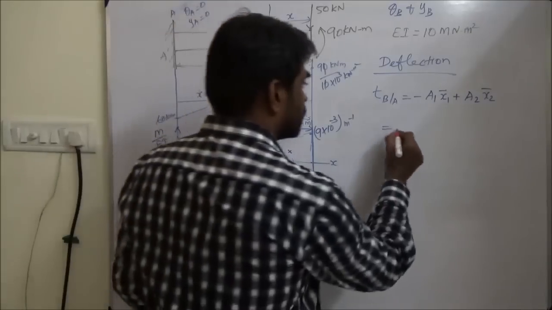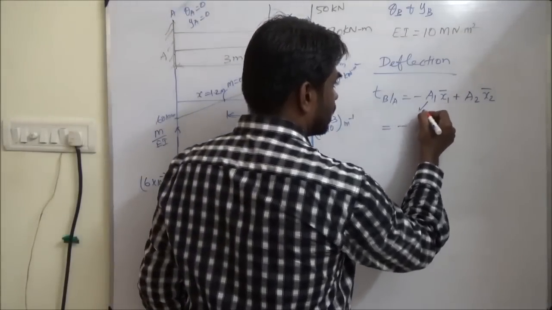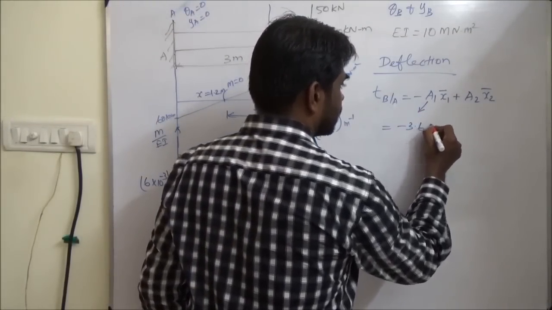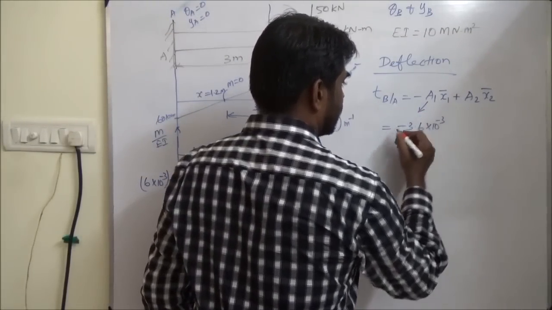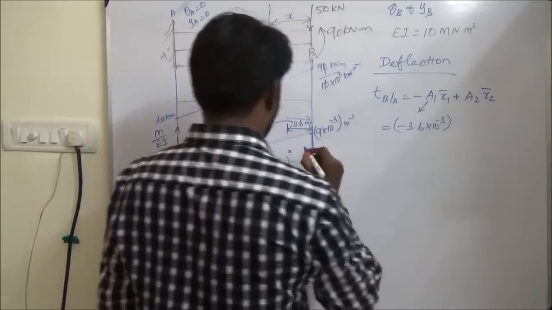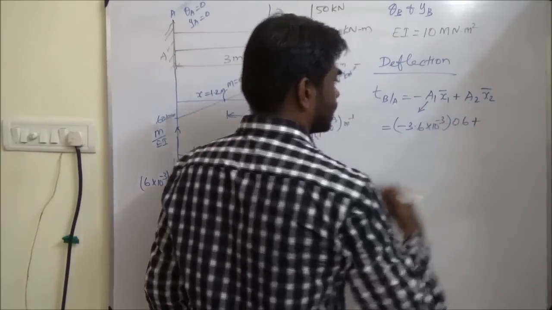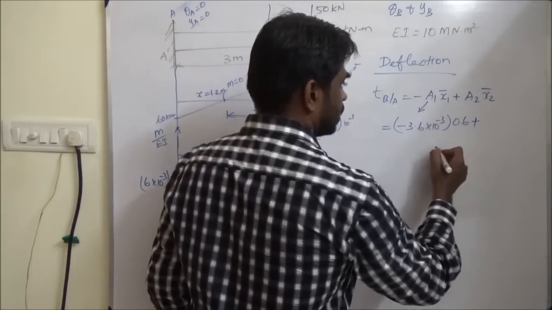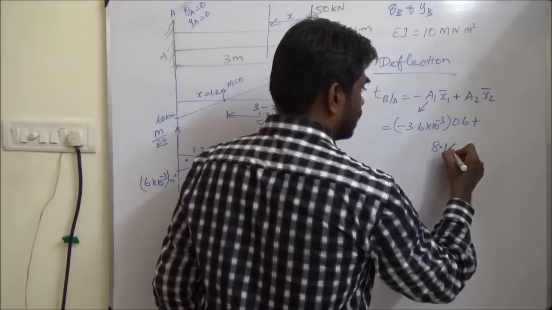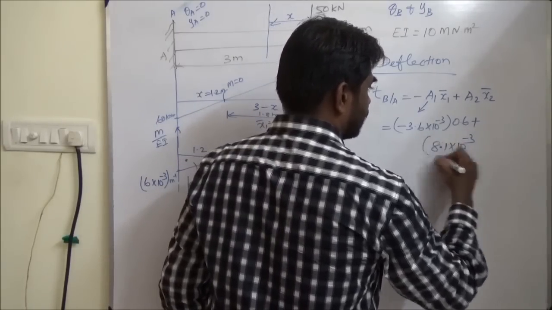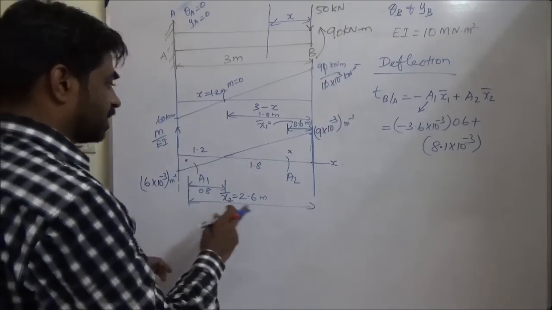Okay, so the area is minus 3.6 into 10 to the power minus 3, x1 is 0.6 plus this one is 8.1 into 10 to the power minus 3.